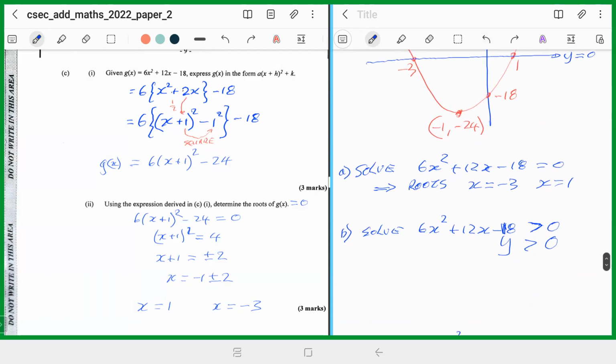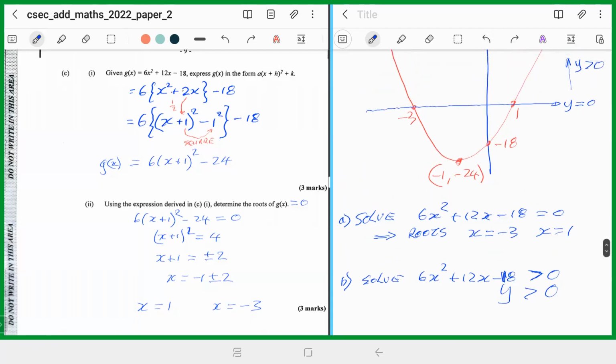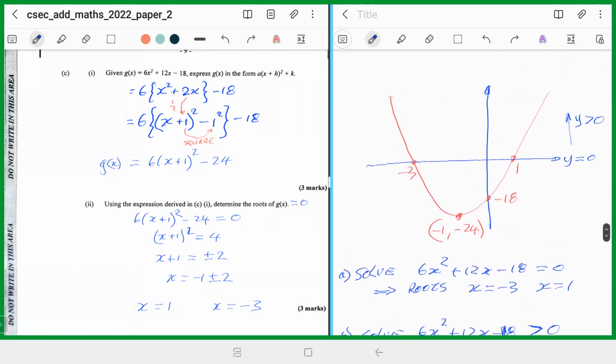Then this one is saying, what are the values of x that will make my y values greater than 0? In other words, what are the values of x that will give me the part of the graph that is above the x-axis? Because above the x-axis, my y values are greater than 0.